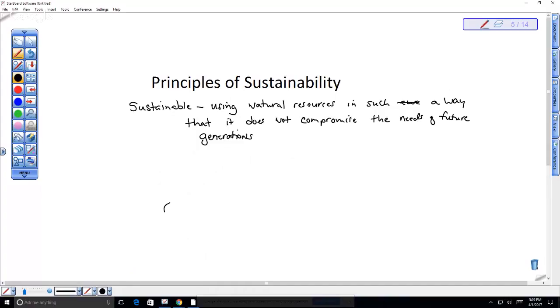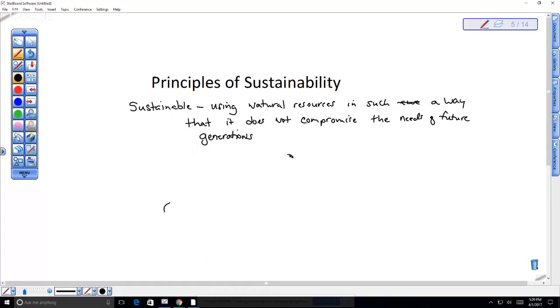You might see 7th generation products in the grocery store. That refers to the idea that we should live in such a way that the people 7 generations from now will be able to survive and to live a healthy lifestyle on the planet. Okay, so that's the idea of sustainable.